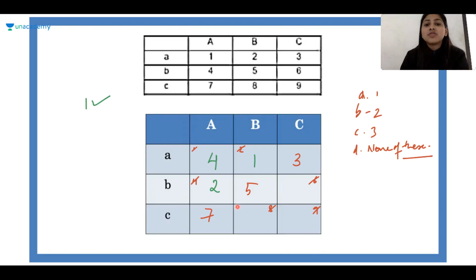Yes. But we cannot put 8 here because it will become 258. So if 6 can't be here, 8 can't be here, it has to be 9. And if 9 is here, 6 can't be here, otherwise it will be the same thing. So this will be 8 and this will be 6. Does it work? 259, 413, 768, 398, 156, 427. Yes, this works. So this is the only case we can get with 4 fixed at A.